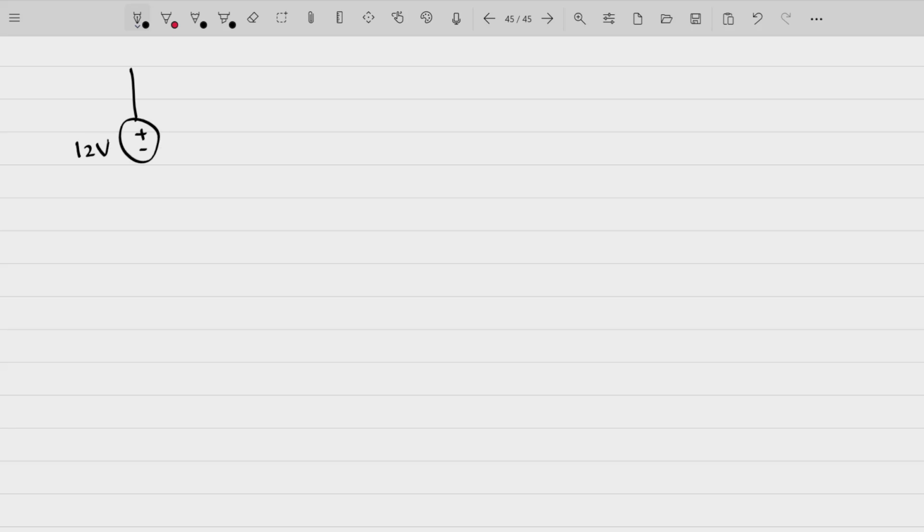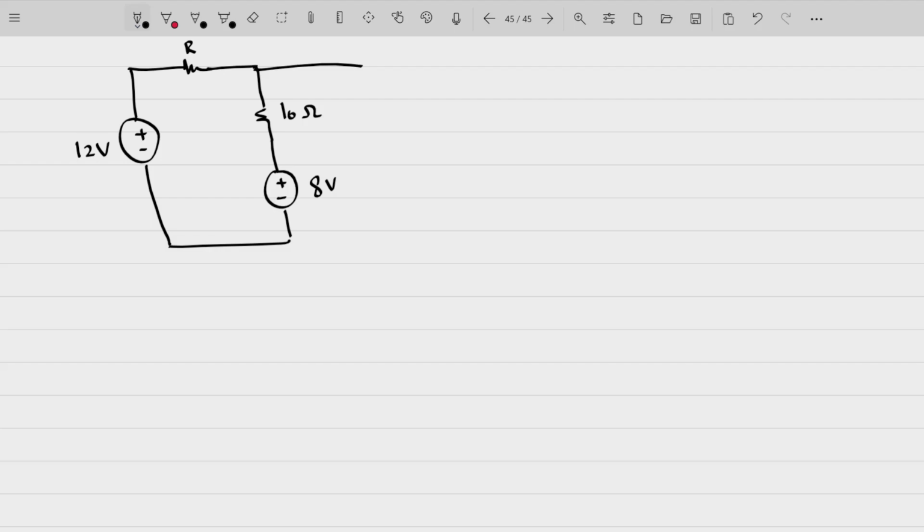So this is 12 volts, this is resistance R, this is 10 ohms. ये same question है भी, plus minus 8 volts, and this is 20 ohms.